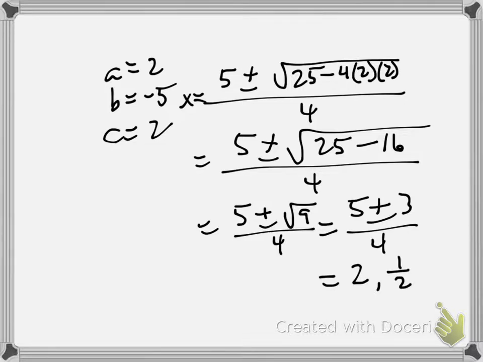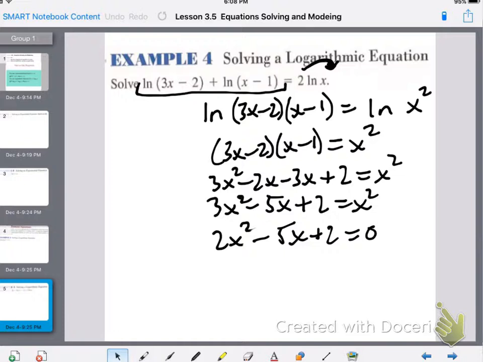Okay, now again, we want to see if both solutions work. So here's what I do. I come back here, and this is what I'm going to graph. Now you've got to be careful here. I want to find the 0.